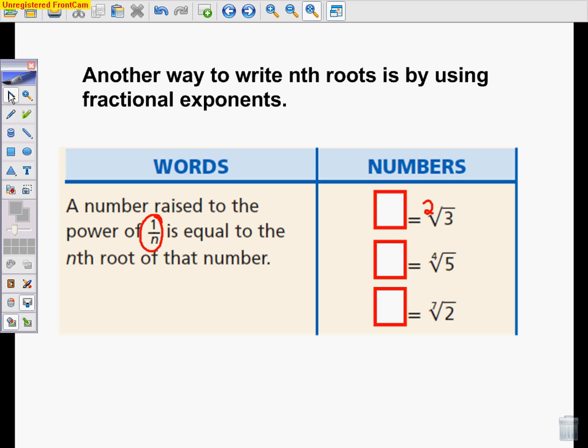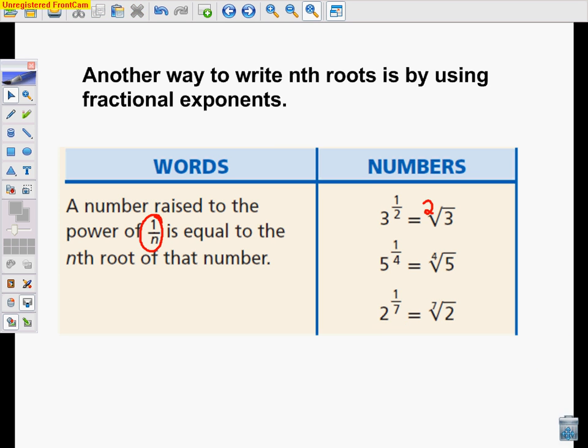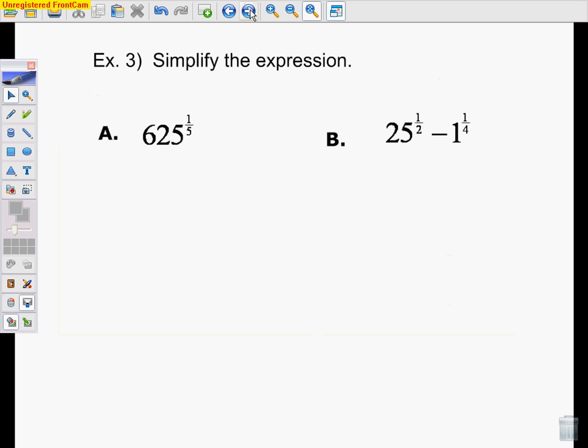So the square root of 3 can be rewritten as 3 to the 1/2 power. The fourth root of 5 can be written as 5 to the 1/4 power. The seventh root of 2 would be 2 to the 1/7 power.